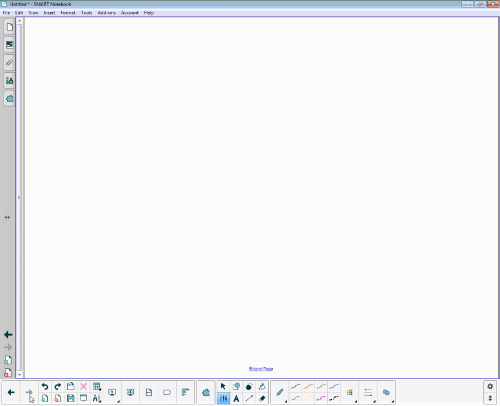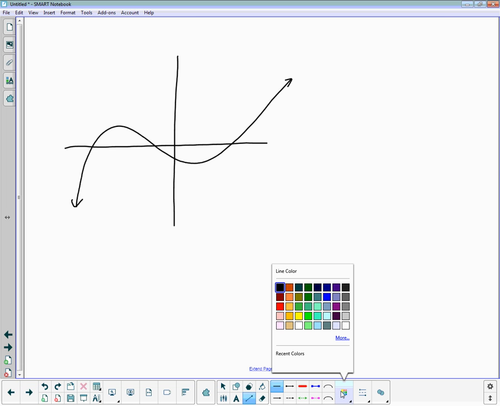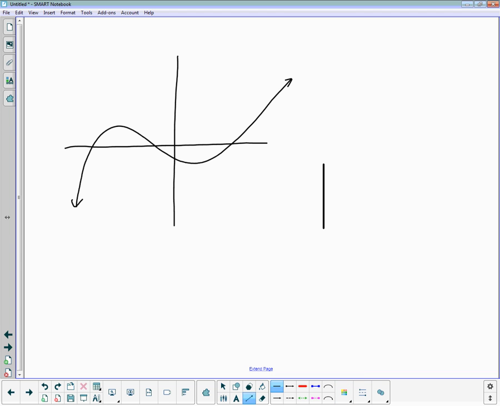So something like this. Looking at that guy, you gotta wonder, is that curve a function? If I walk along this thing, do I have any places where I hit 2 points?